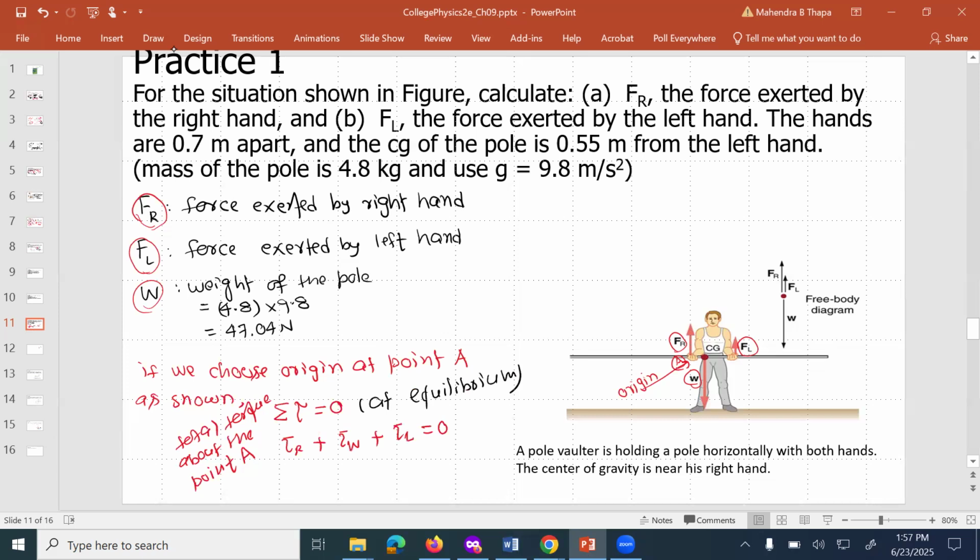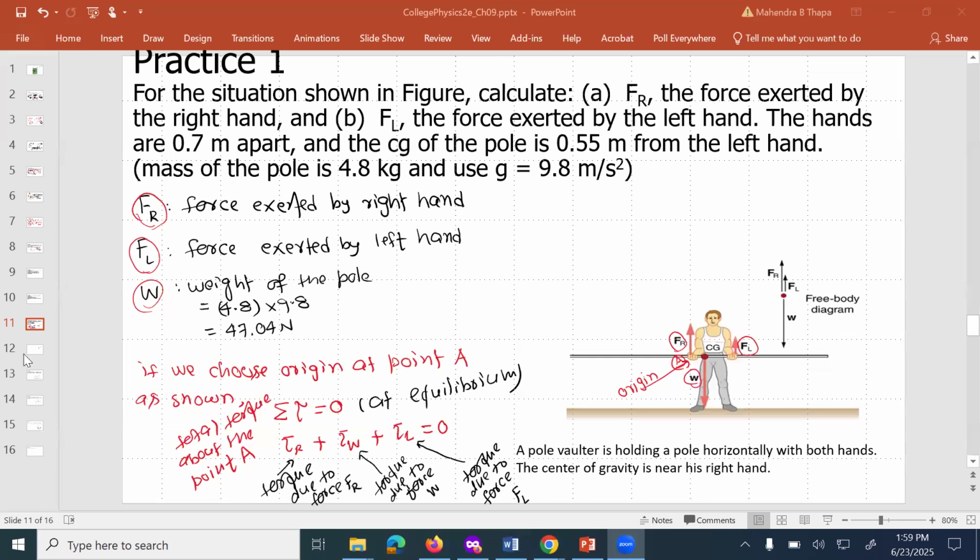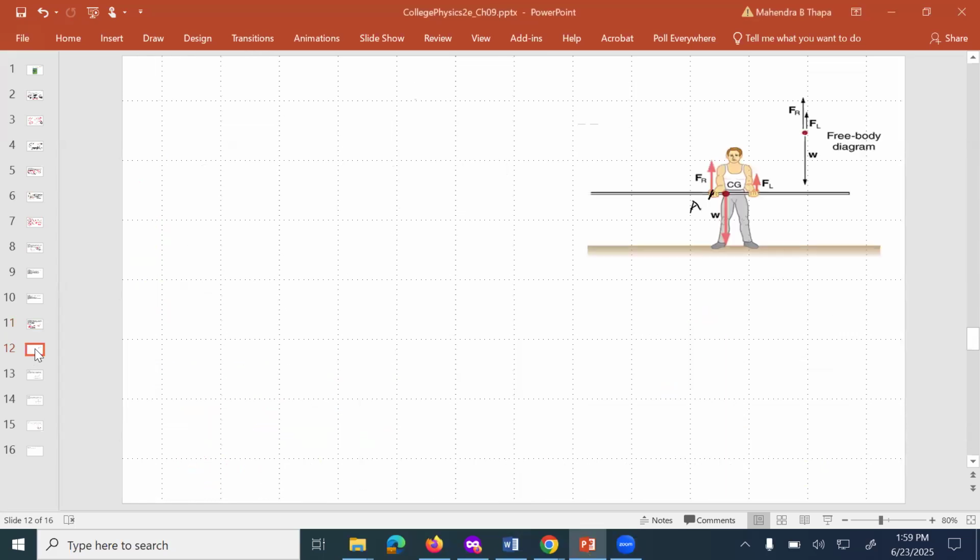Right? So here clearly this is the torque due to force Fr, so we have to find the torque due to this force.